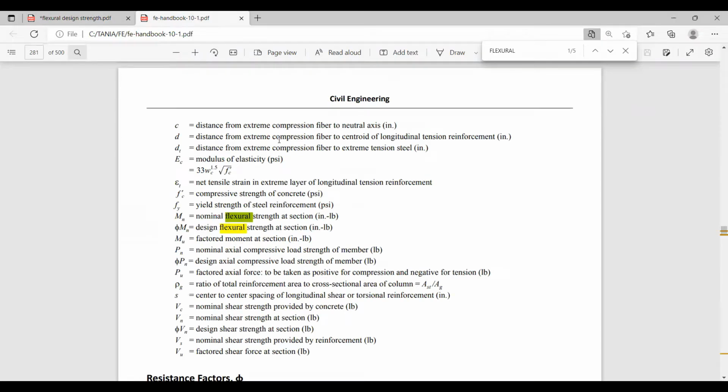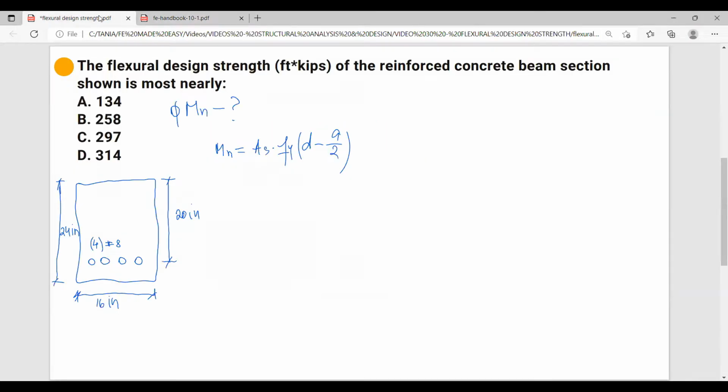So d is the distance from extreme compression fiber to centroid of longitudinal tension reinforcement. In our case, d is 20 inches.